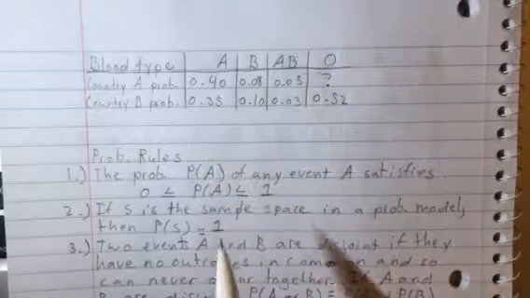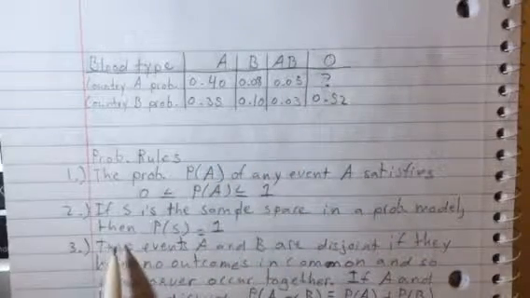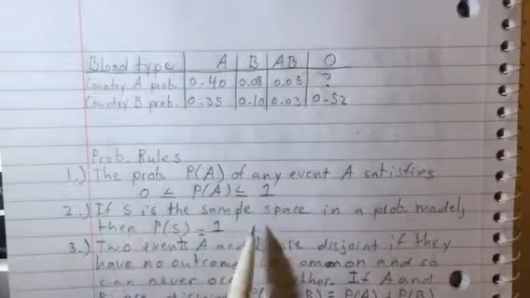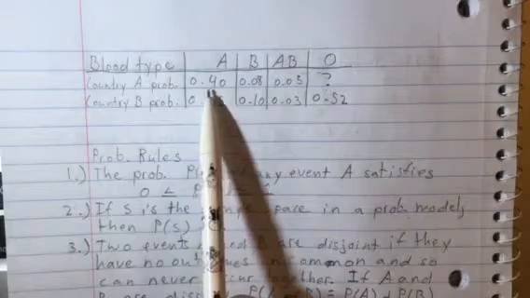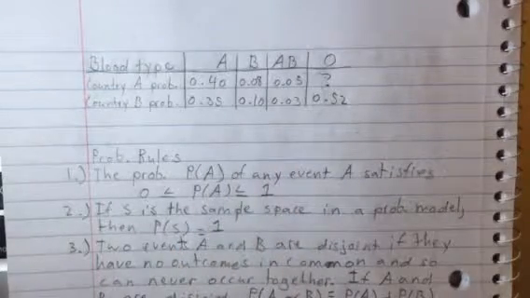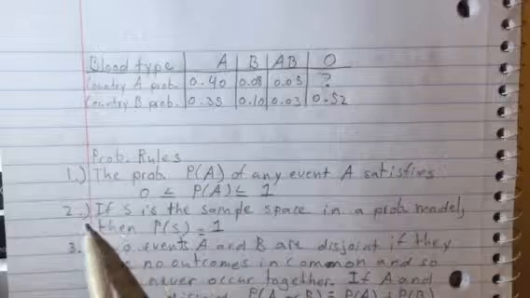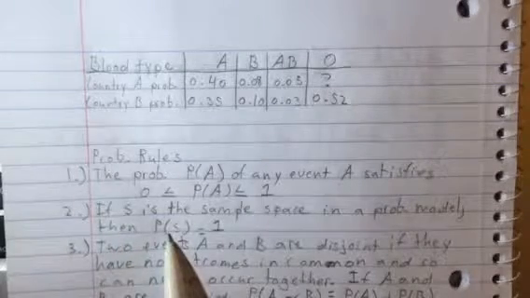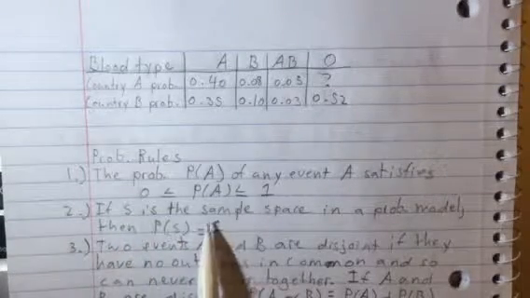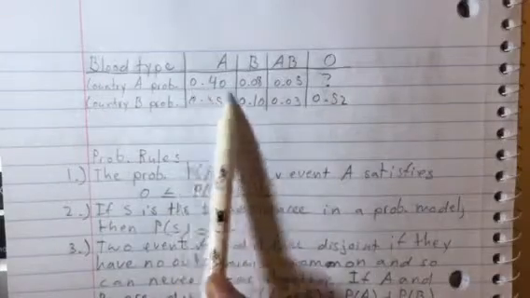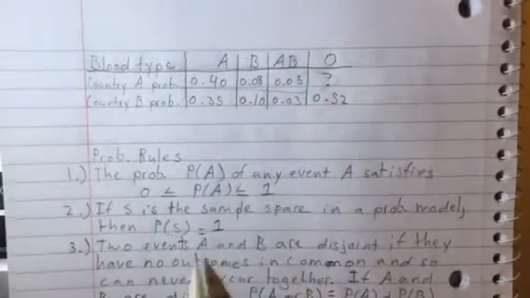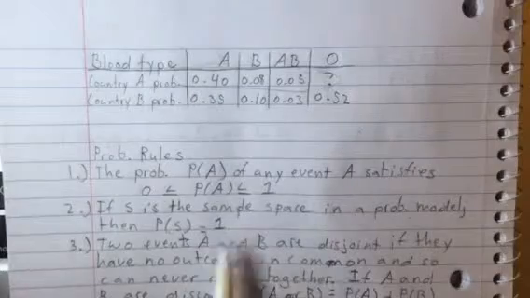As stated in rule number 2, if S is the sample space, then under each blood type, 0.4, 0.08, and 0.05 are all part of a sample space S, and the probability of S would have to equal 1.